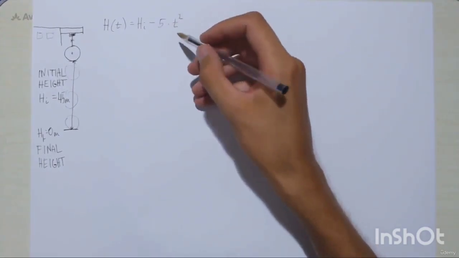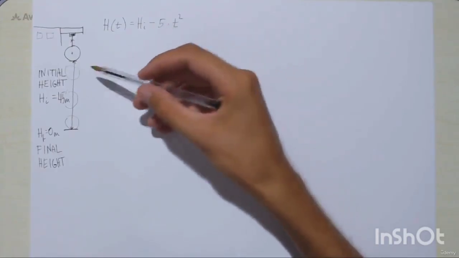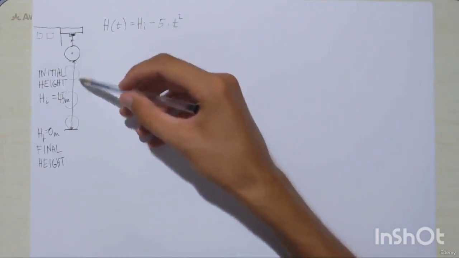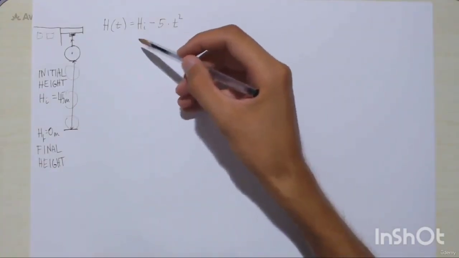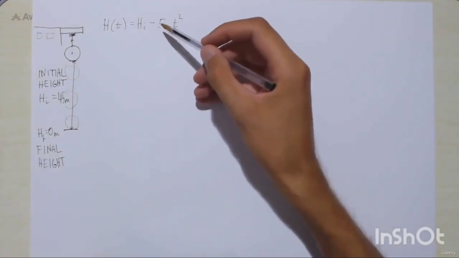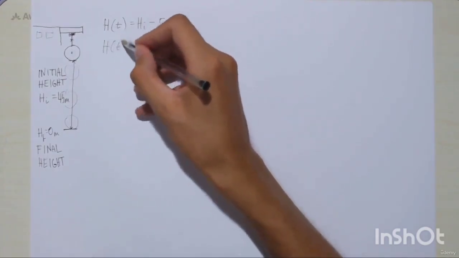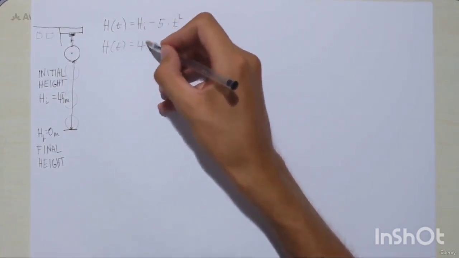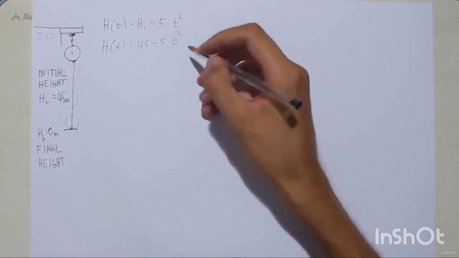And it's negative because you can see from this picture that as the sphere falls down, the altitude of the sphere decreases. So the function has to decrease. So I can rewrite it like this. H is a function of t equals 45 minus 5 times t squared.